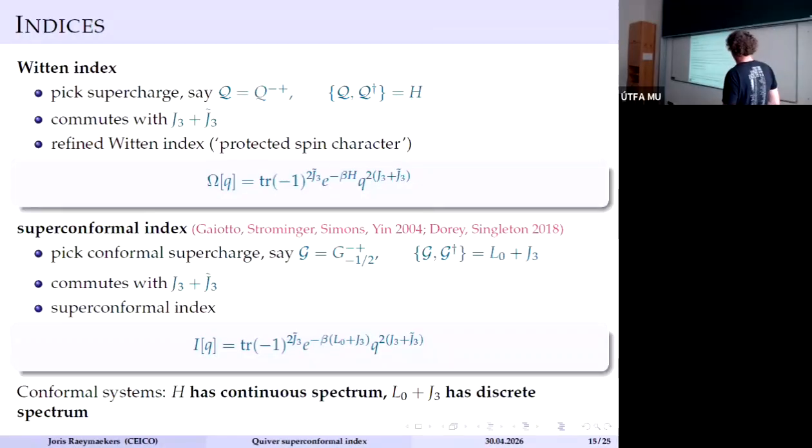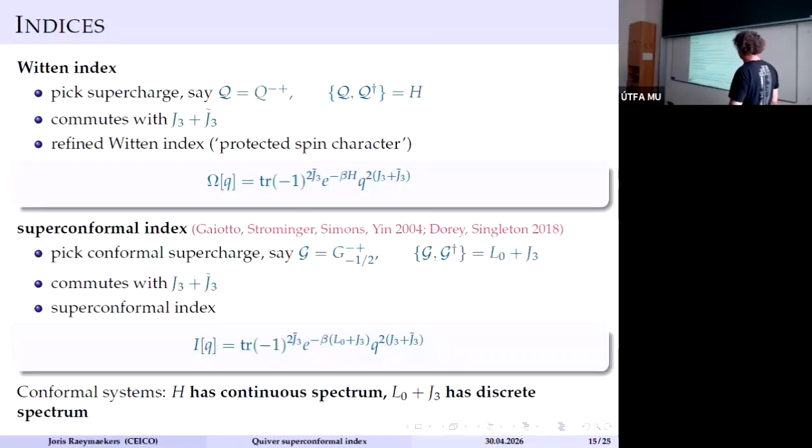In this quiver theory, Ashok and collaborators also studied an index which is very closely related. This one would be called the protected spin character. What they studied was something where you do not refine with the second SU(2) generator here. So that in itself would not be an index.